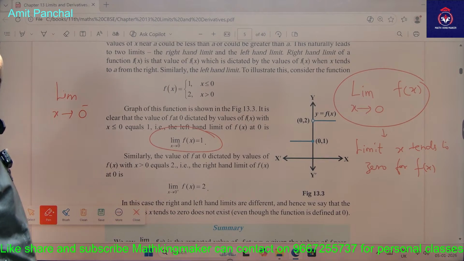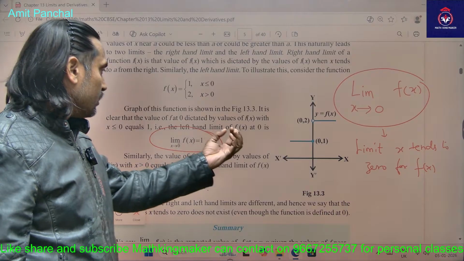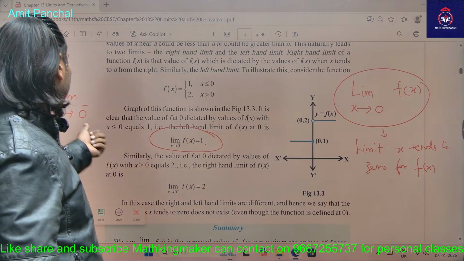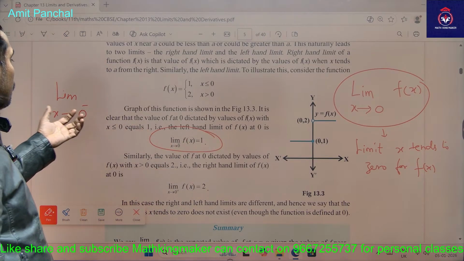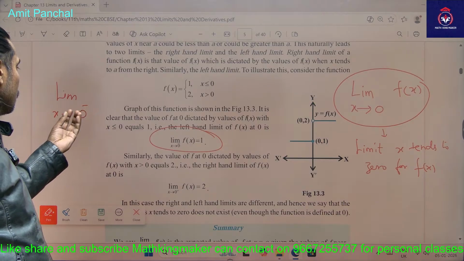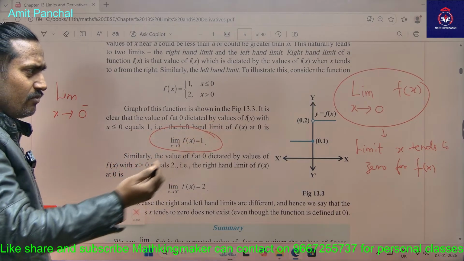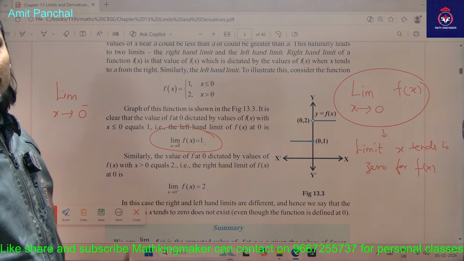The negative symbol indicates that you have to take a value of x slightly less than 0, very close to the left of 0.